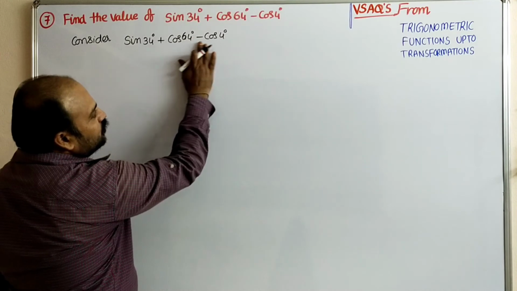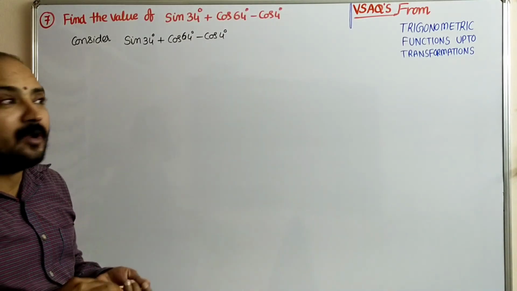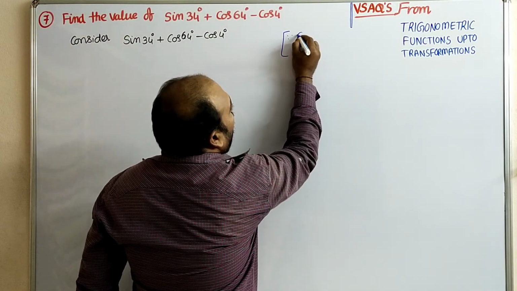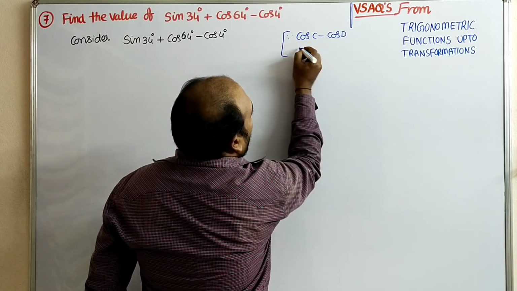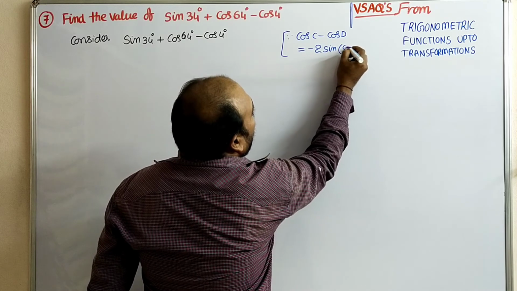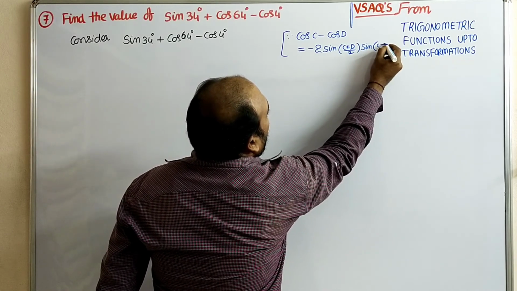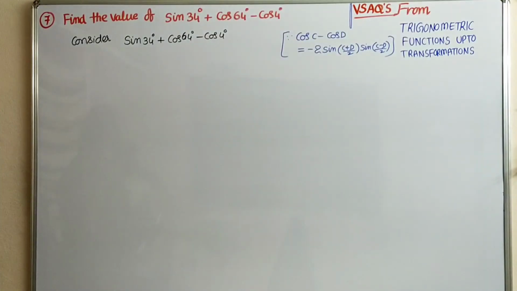Here, for the last two terms, if you observe, cos C minus cos D, what is the formula for cos C minus cos D? Cos C minus cos D is equal to minus 2 sin of (C plus D) by 2 sin of (C minus D) by 2. This is the formula for cos C minus cos D.